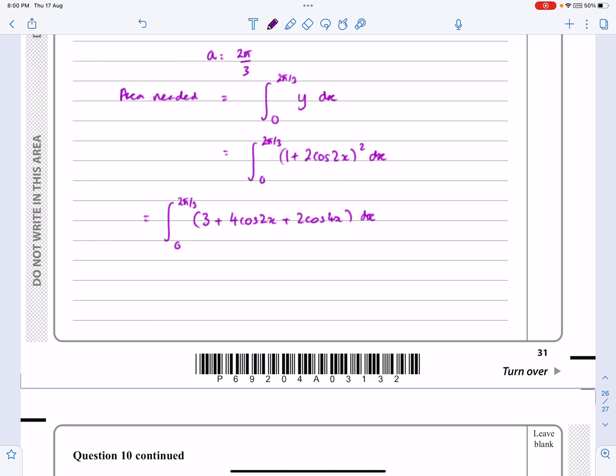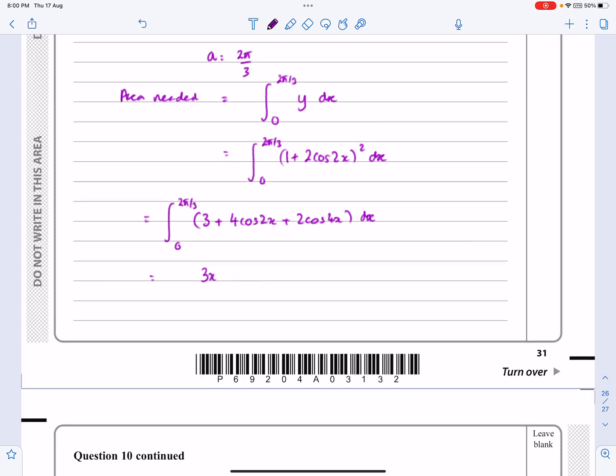Okay, so just some integration of trig functions then. It's going to be 3x here. If you have troubles with integrating trig functions, go back and look at another one of my videos here. I'm going to do them quite quickly. The integral of cos is sine, so it's sine 2x. The integral of cos would be sine, but because of the 2x, we have a half, and we've got the 4 there, so it makes that.